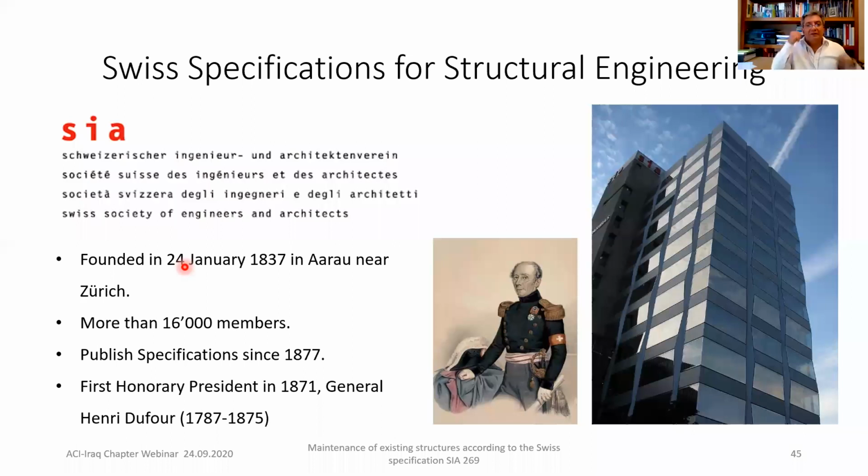Some historical information about the SIA. It was founded in 1837 in Aarau, near Zurich, and we are about 16,000 members. About two thirds of us are architects, and the rest are civil engineers and mechanical engineers. The first publication of specifications came in 1877, and the first honorary president of the SIA was General Henri Dufour.